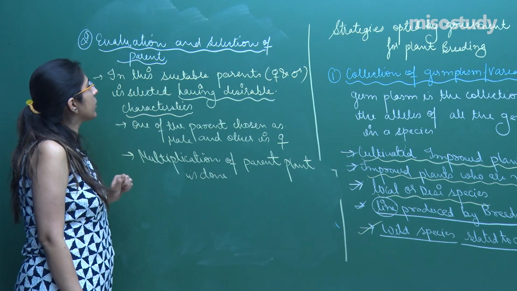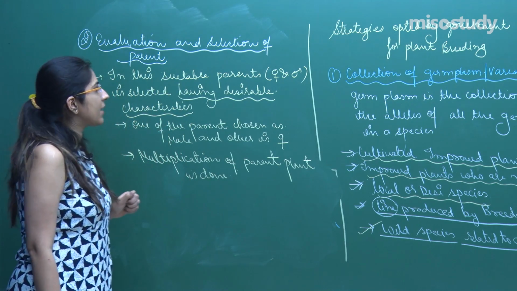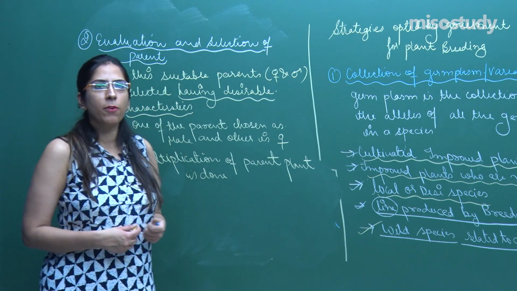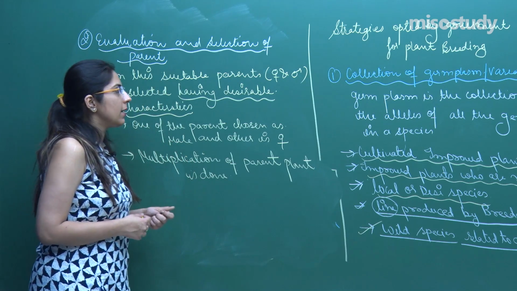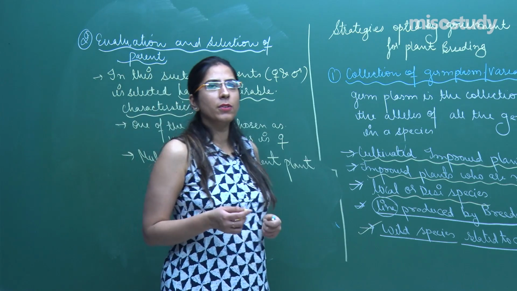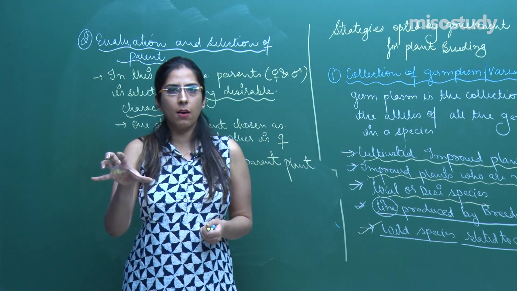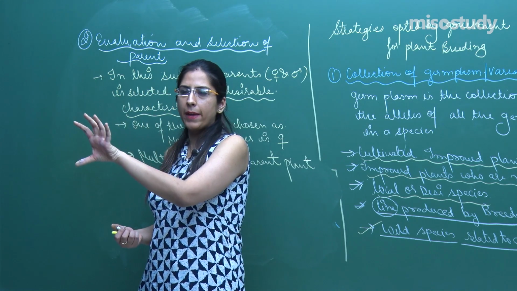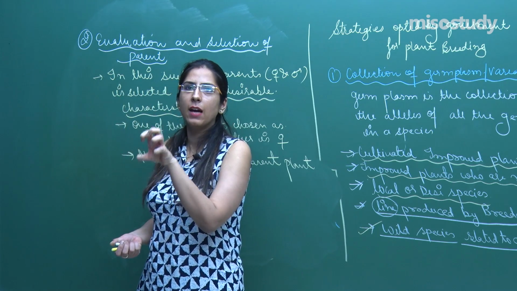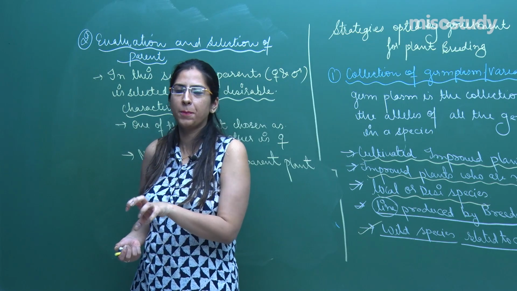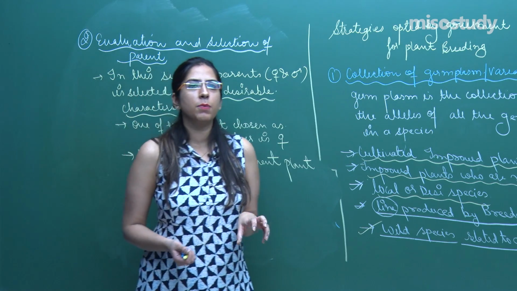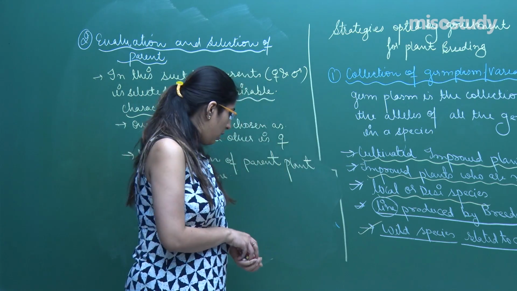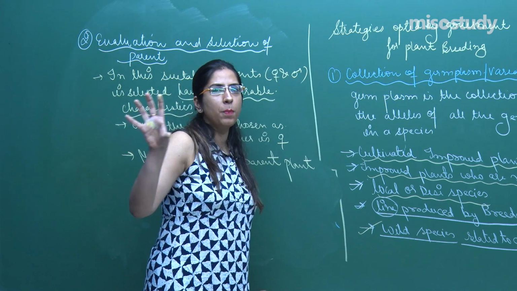That means evaluation has been done, the selection has been done. Now it's time for multiplying all this. Let's talk about the next. I have the parents now. I know that these are the desired characteristics which are present in the parents. Now, what I want is that the hybridization experiment should be set up. In this hybridization experiment, it's a very tedious job because I have these two parents, right?